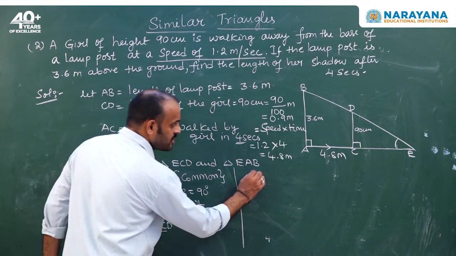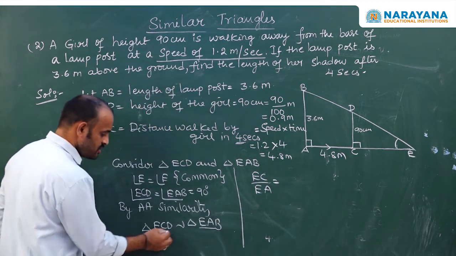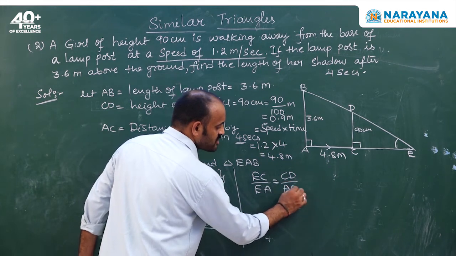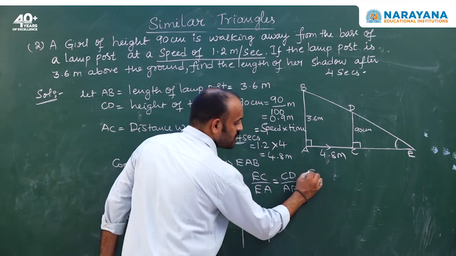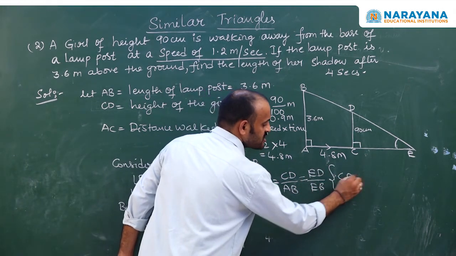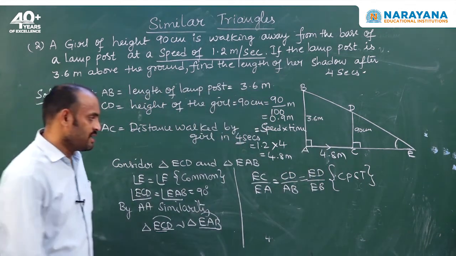EC, EA. EC by EA is equal to CD by AB, which is equal to ED by EB. Reason? CPST, corresponding parts of similar triangles.